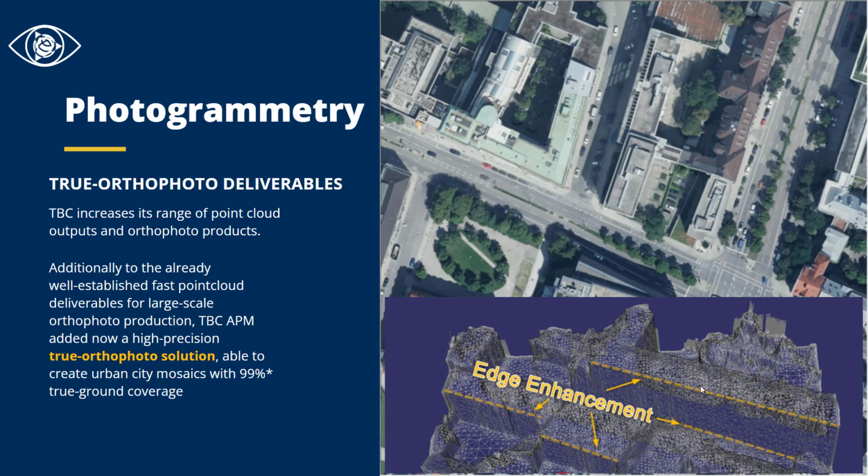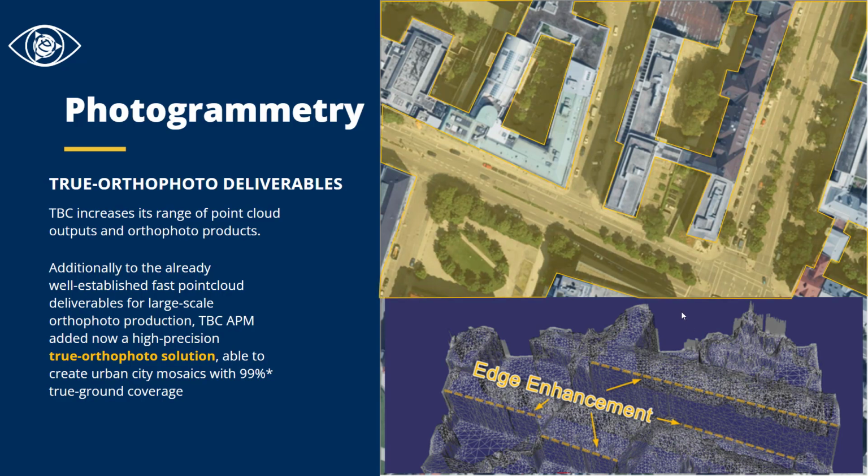So the technology is enhancing the building edges additionally, making them sharper, cleaner, and therefore a very good solution for urban city mosaics. Which means we can then measure afterwards all the data that is beside the building.